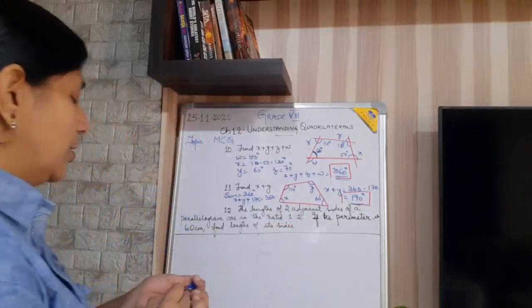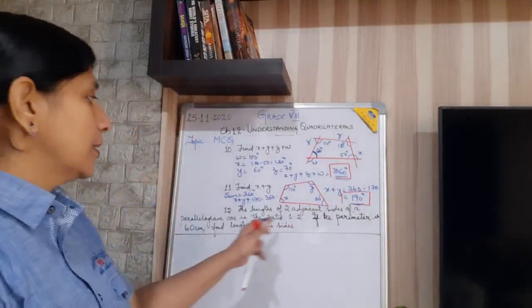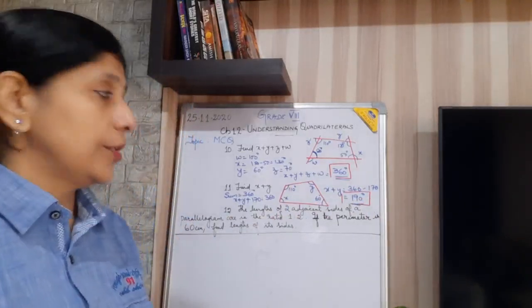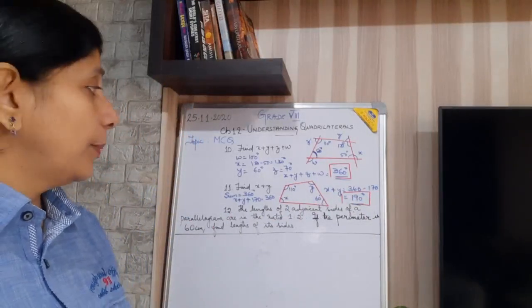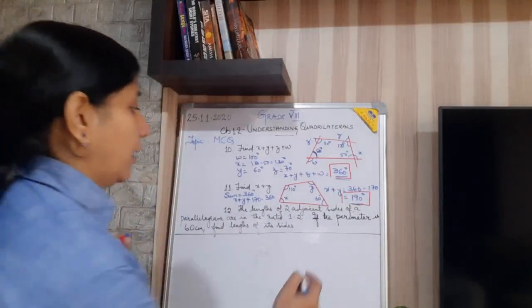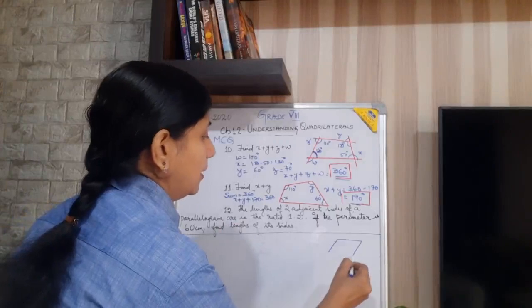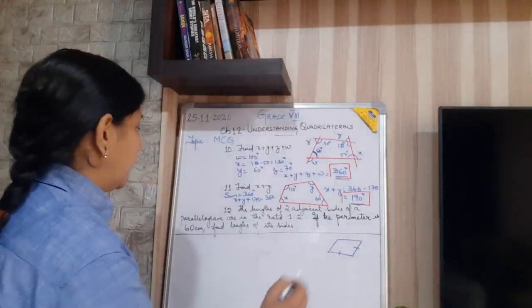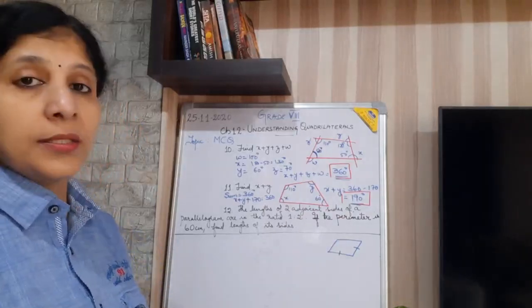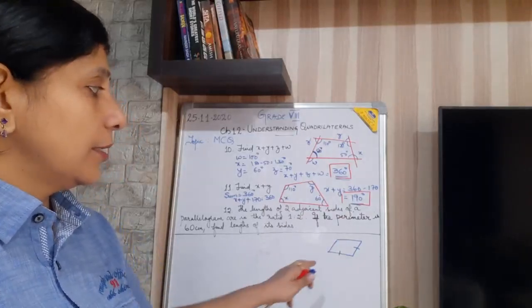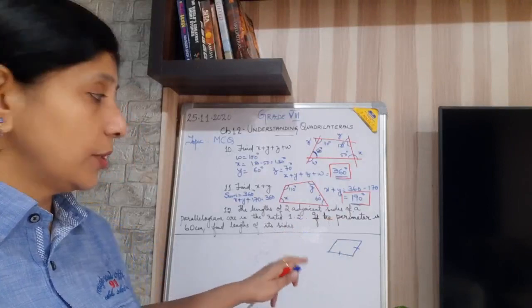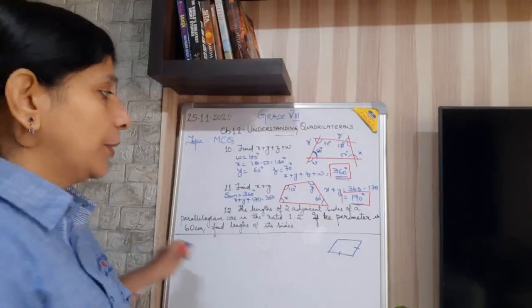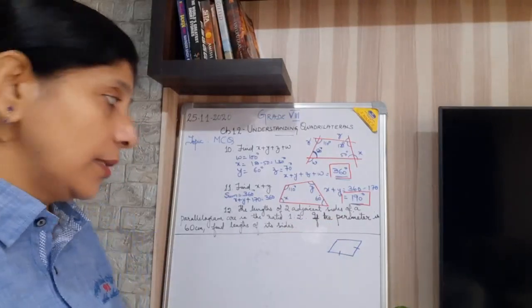Okay, now next one. The lengths of two adjacent sides of a parallelogram are in the ratio 1:2. Suppose this is a parallelogram. The adjacent sides are in the ratio 1:2. The perimeter is the sum of all sides, or 2 into, because in a parallelogram opposite sides are equal.